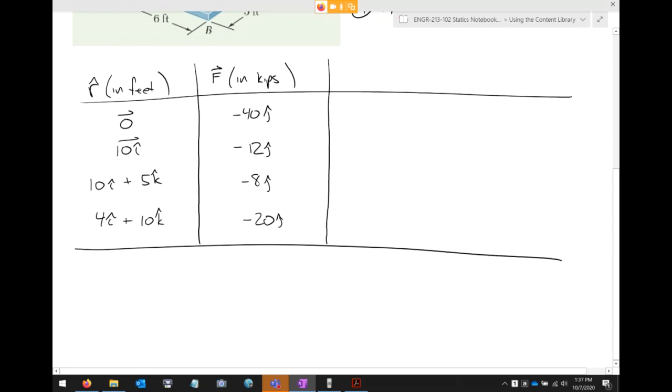And so before we move on, we can go ahead and say that our resultant vector is the sum of my individual force vectors. And what is that going to be?